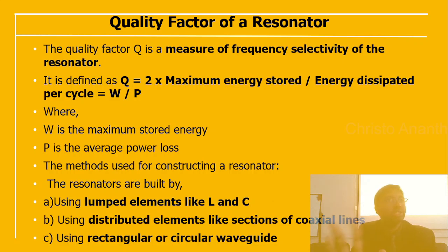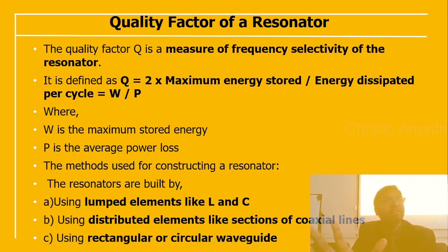Q can be given as 2π multiplied by the maximum energy stored divided by the energy dissipated per cycle. So it can be written as W divided by P, where W is the maximum stored energy and P is the average power loss.